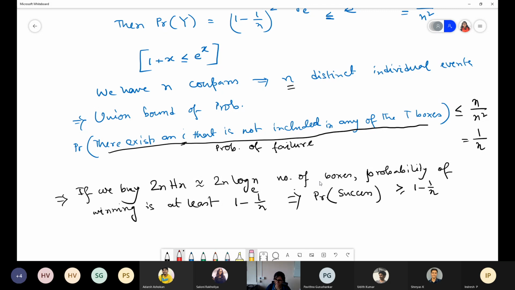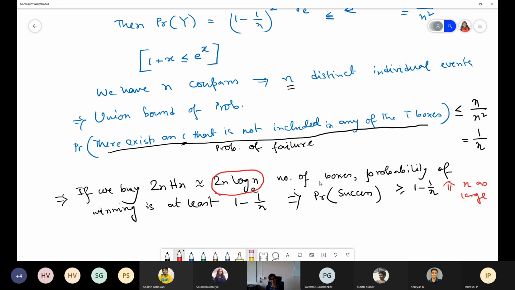This is pretty high if you take n as large. So you can almost surely win if you take 2n Hn or 2n log n number of coupons. So even if you opt for a coupon collector problem or say coupon collector competition, always choose this. This is going to be your magic number.